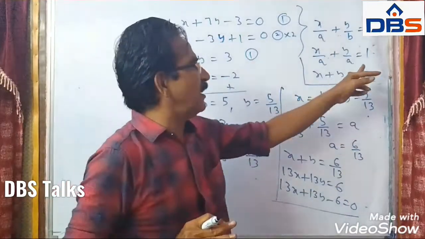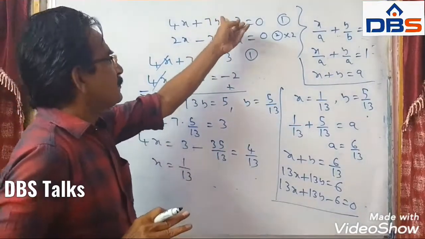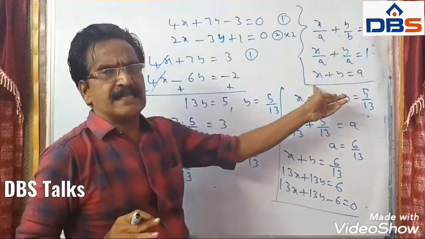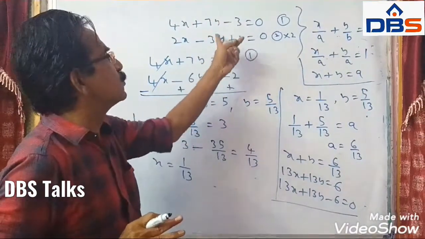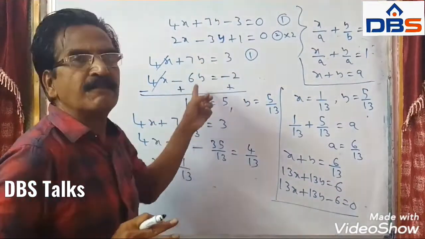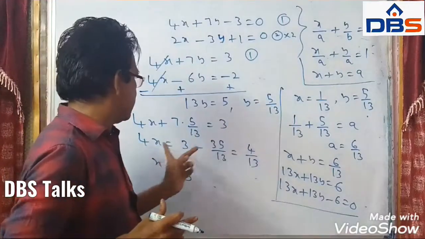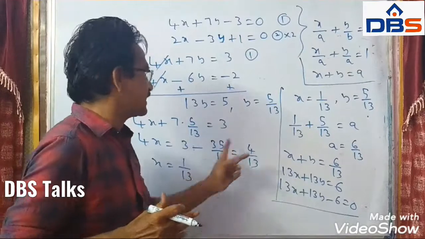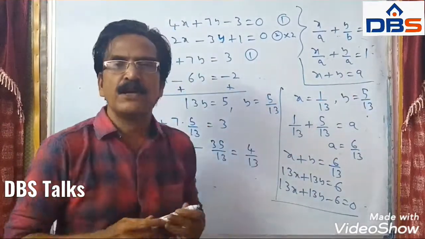Here we have to find the value of a. So since this line is passing through the intersection of these two lines, by solving these two lines, we found the point of intersection. And by substituting these values, we got the value of a.